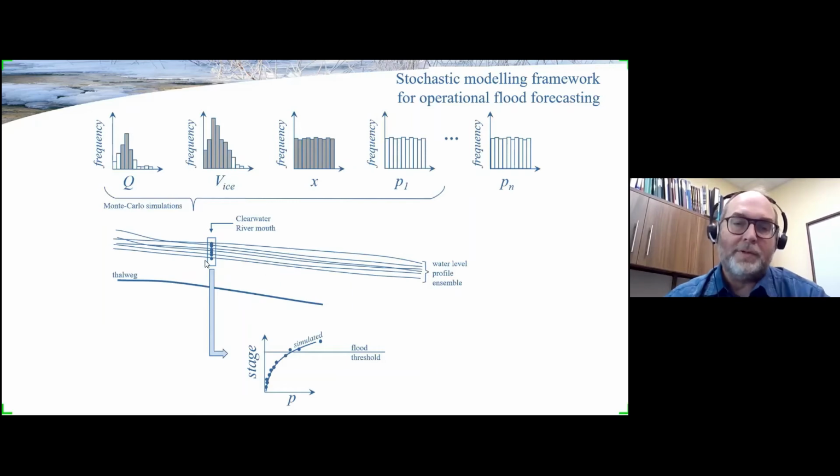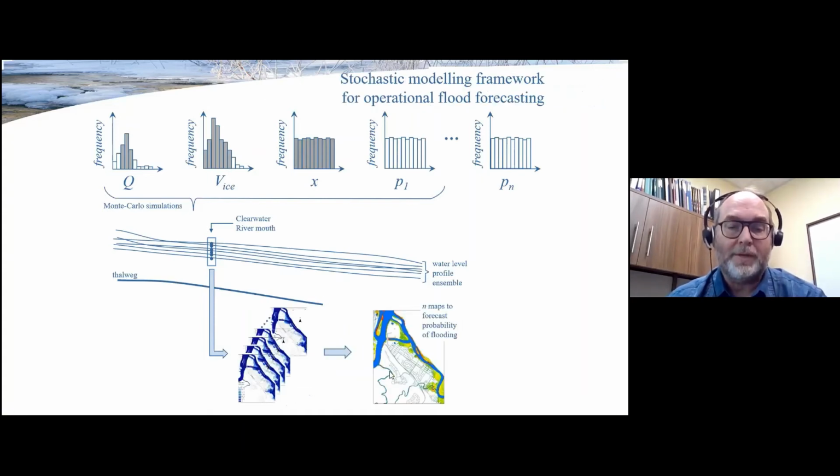Then we'll do an ensemble run here, and then also do a frequency distribution to see the probability of exceeding a certain flood threshold. We can also create maps. So we'll do many maps, maybe 100 or so, depending on time.